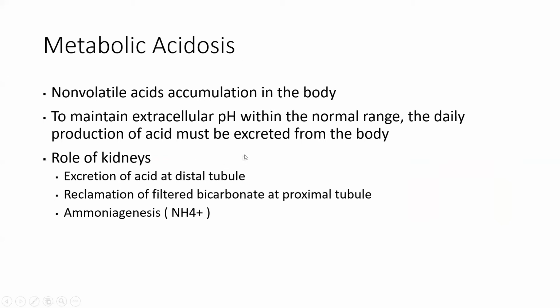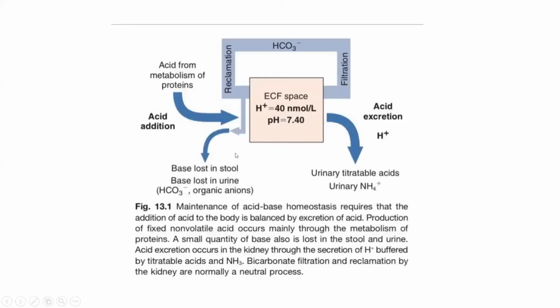In the kidney, there is excretion of acid at the distal tubule, reclamation of filtered bicarb at the proximal tubule, your PCT, and also ammoniagenesis. So if you imagine this is your usual physiology in your body, whenever there is an acid addition, which is from the metabolism of your protein, we have to regulate this acid, where there will be acid excretion or there will be a base loss from your stool or your urine, which is your bicarb.